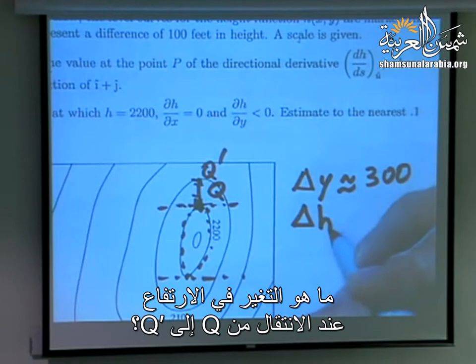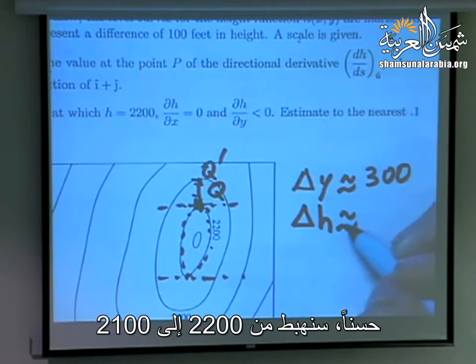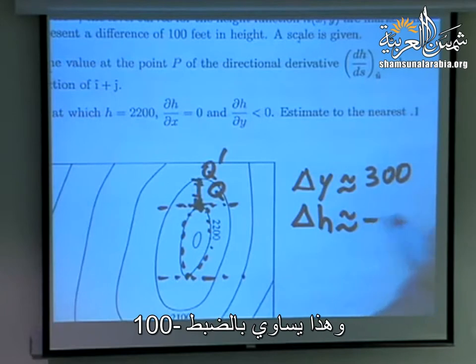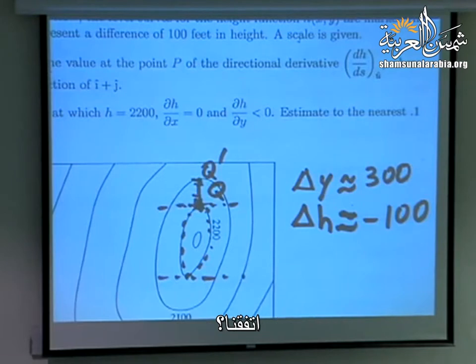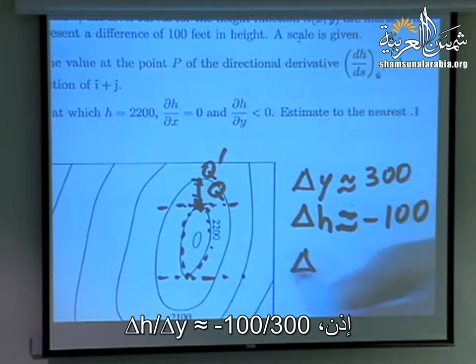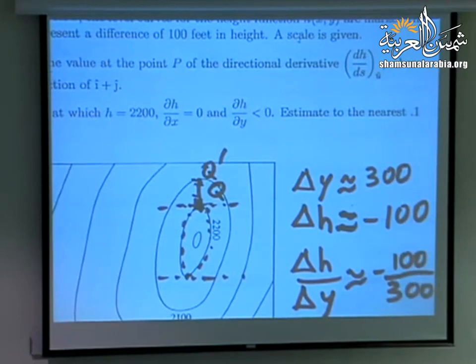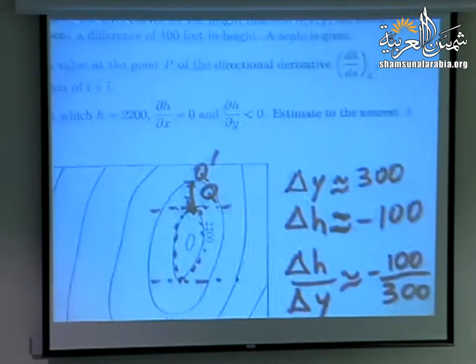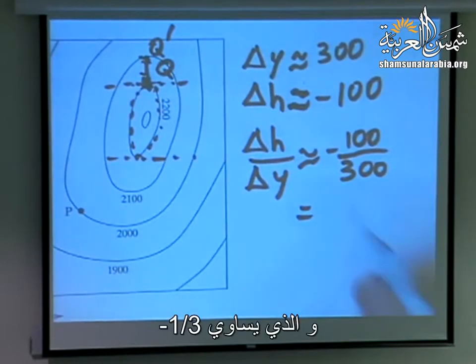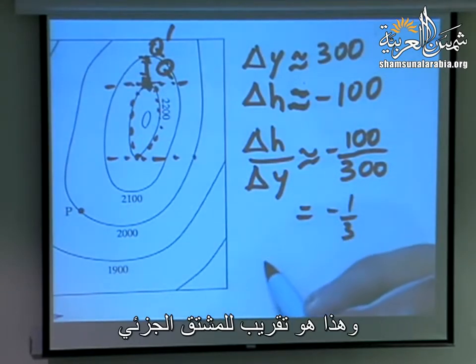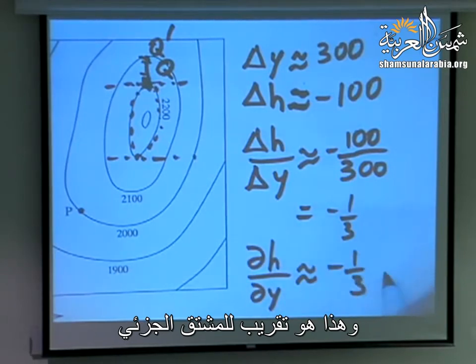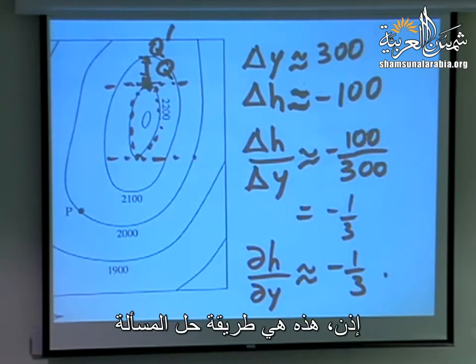What's the change in height when you go from q to q prime? You go down from 2200 to 2100, which is exactly minus 100. So delta h over delta y is about minus 100 over 300, which is minus 1/3. That's an approximation for the partial derivative. So that's how you would do it.